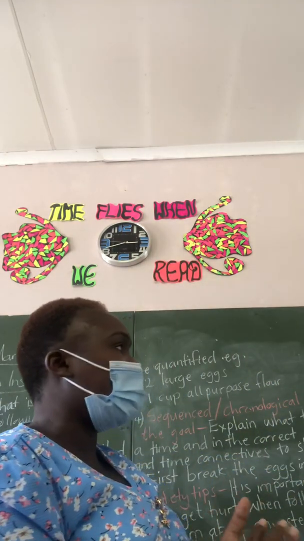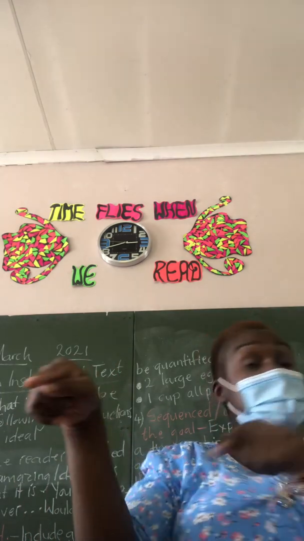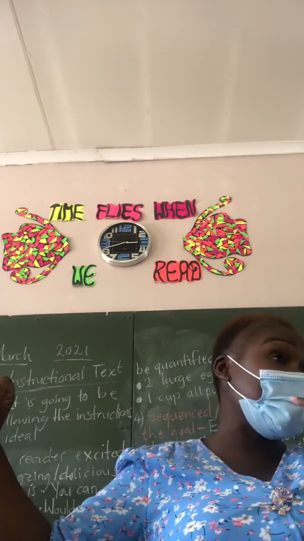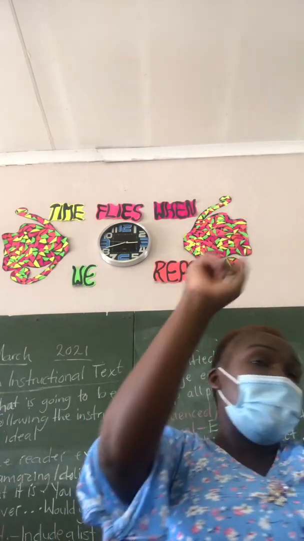So what we are going to do now, I want us, when we get home, to write an instructional text in our classwork books on either how to make toast or how to make a sandwich. You're going to choose what you want. Either how to make toast or how to make a sandwich. Did I say write both?